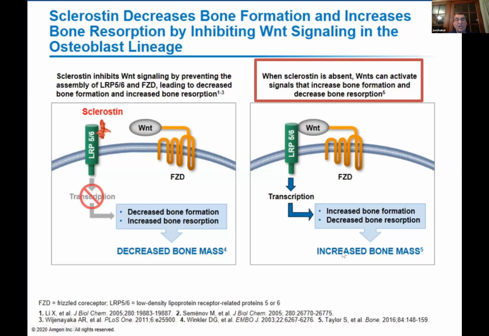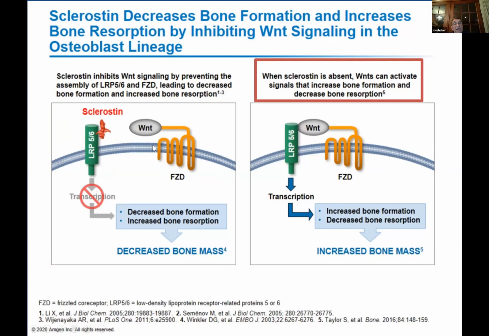The next agent is romosozumab. So basically, this Wnt system is inhibited by something called sclerostin made by osteocytes. And when sclerostin inhibits this pathway, you get decreased bone formation and increased bone resorption.